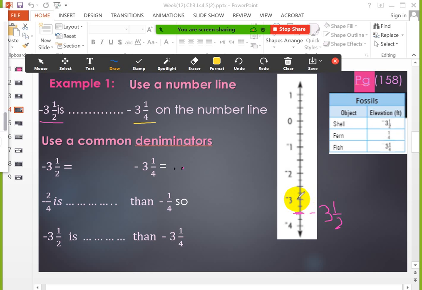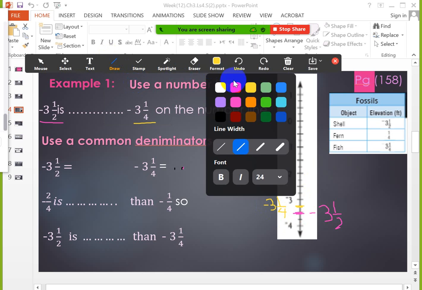Then I have to jump the fraction part. The fraction part is 1 over 4. If you divide the distance between negative 3 and negative 4 into 4 equal parts, 1, 2, 3, 4, that means I have to move only one part of 4. That means this is the point that represents negative 3 and 1 over 4.